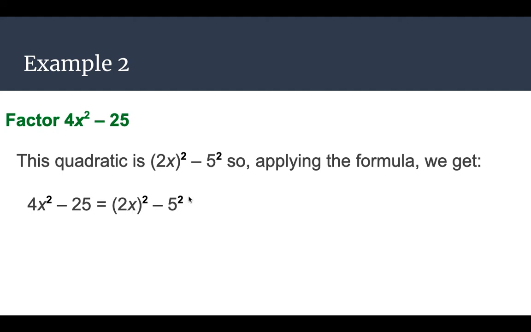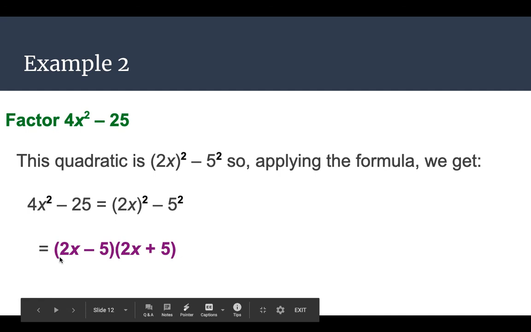And now to write it in factored form, you're going to take this term and put it in the front of each bracket, and you're going to take this number and put it in the back of each bracket, and then you're going to have one with a negative sign and one with a positive sign.